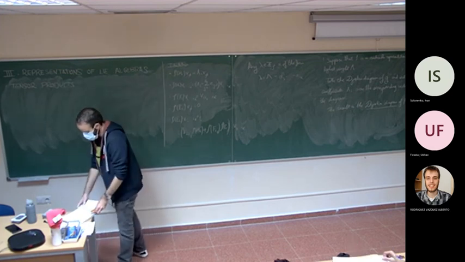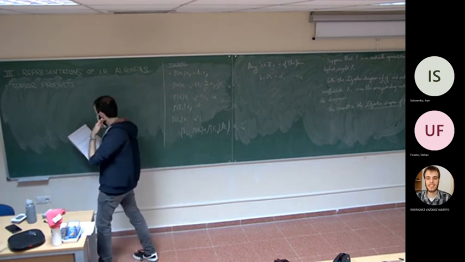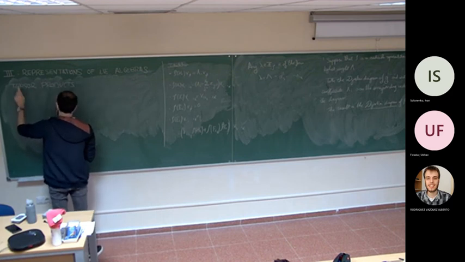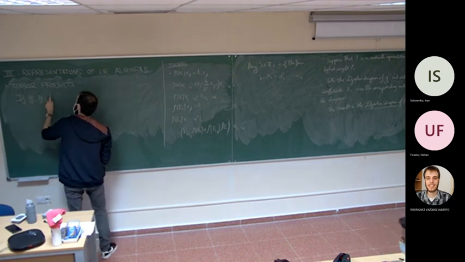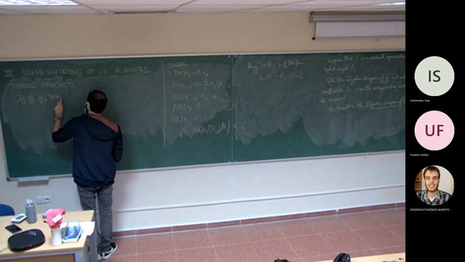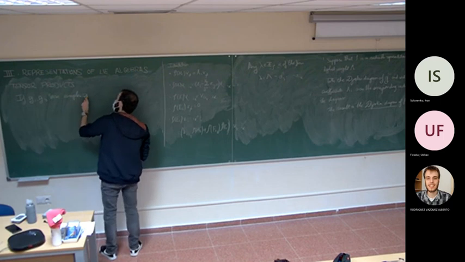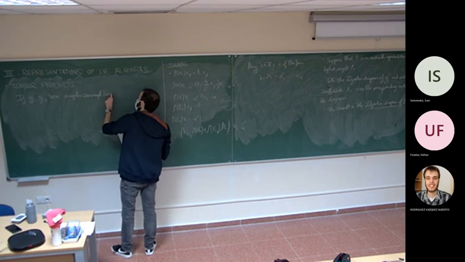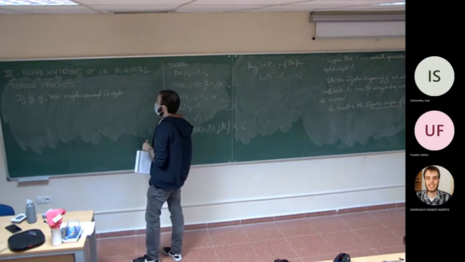We're going to stay in the complex semi-simple case because I still want to talk about highest weights, but the construction is general. So let G1 and G2 be complex semi-simple algebras. And we're going to assume that there is for each i a representation of G_i.